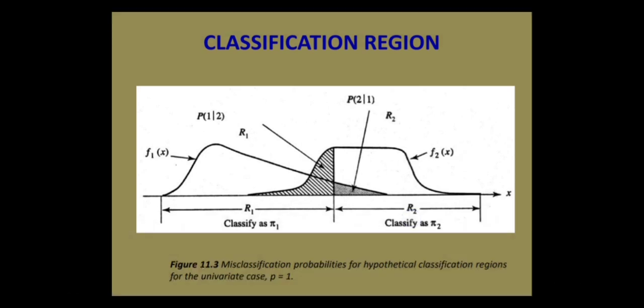Okay, so dekat sini kan ada tail of distribution untuk f1(x) tadi tu. Okay, ini adalah P2 given 1, which is the observation comes from, okay, yang ni tadi kan, 2 given 1.